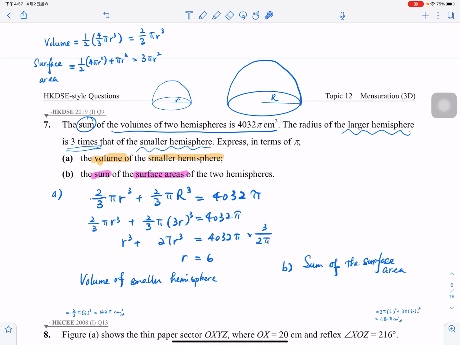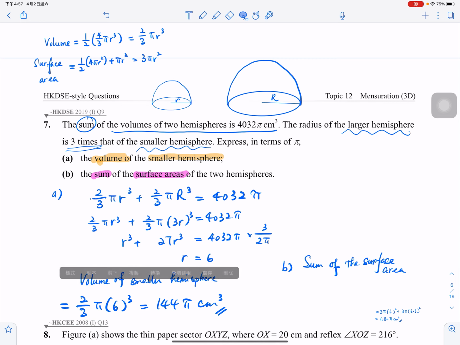After you know r, you can find the small hemisphere volume. So 2/3 pi r cubed, so 144 pi cm cubed. Again, remember you have the units of volume. That's great.